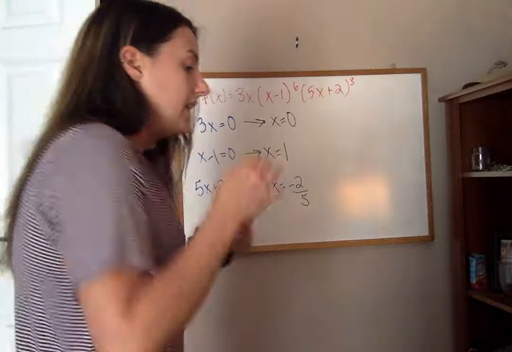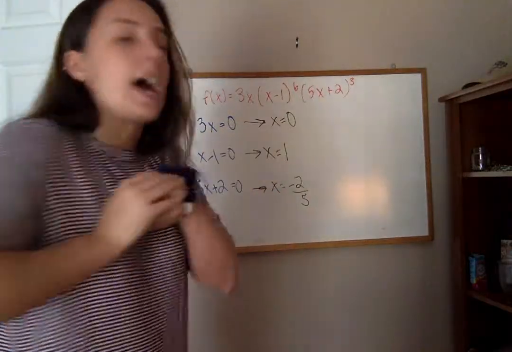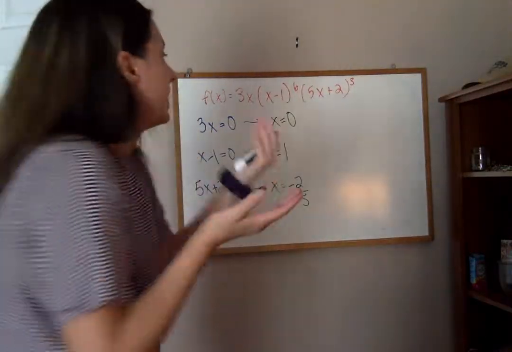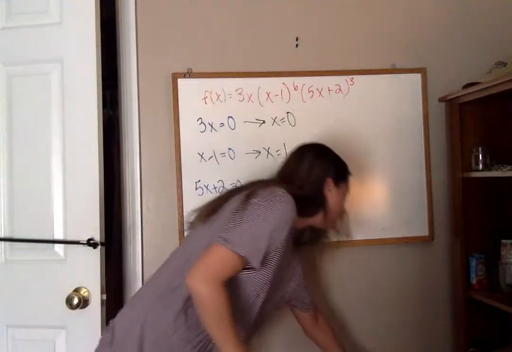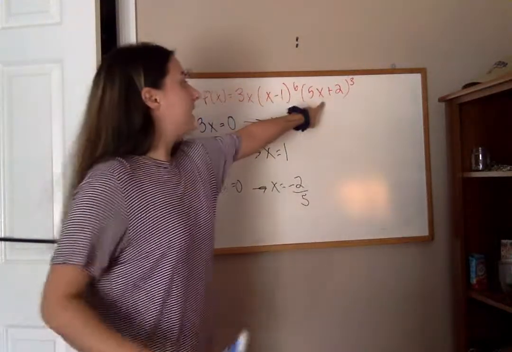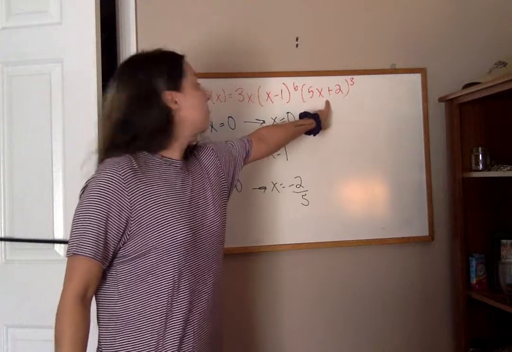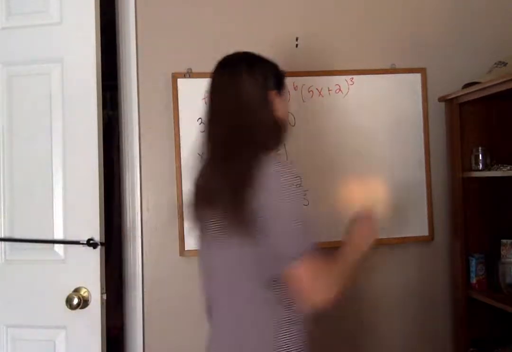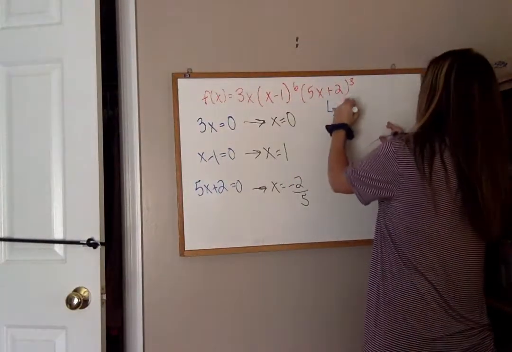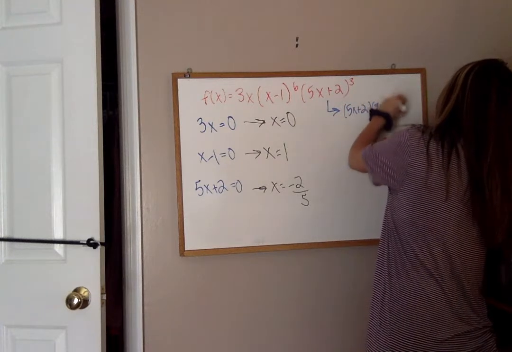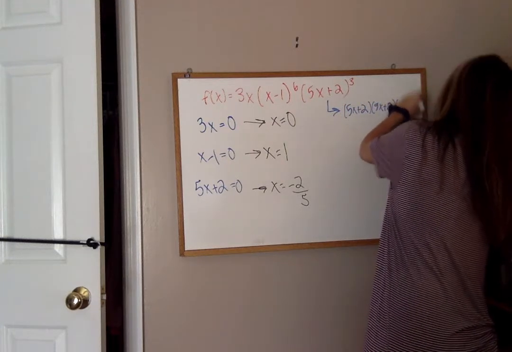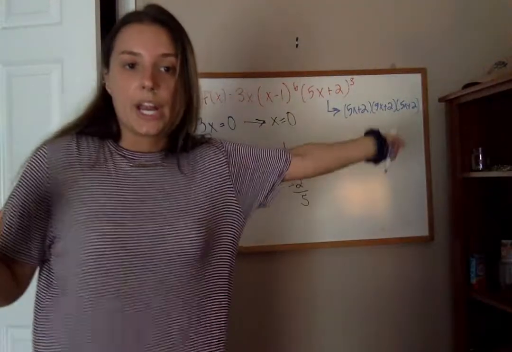So the multiplicity, that's talking about how many times that zero, that intercept, is appearing. So I can rewrite this 5x plus 2 to the 3rd as 5x plus 2, 5x plus 2, 5x plus 2. Okay, we all agree.